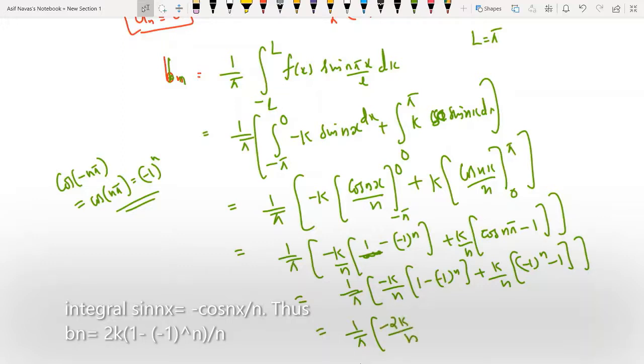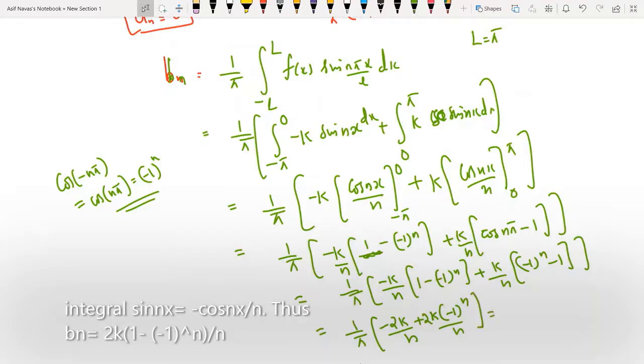Here minus and minus gives k, and there is k minus 1 power n by n. Also k minus 1 power n by n, and here there is k. So this is again 2k.